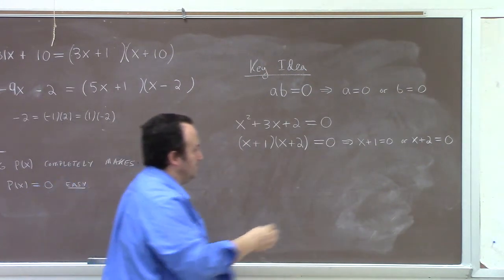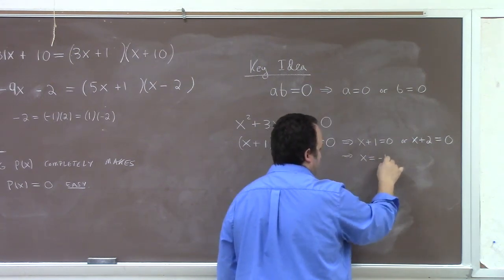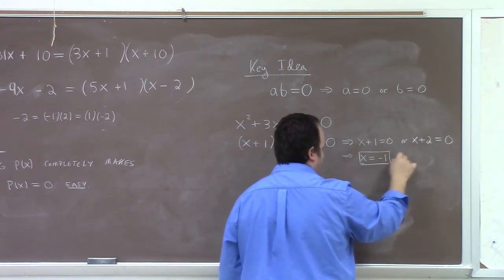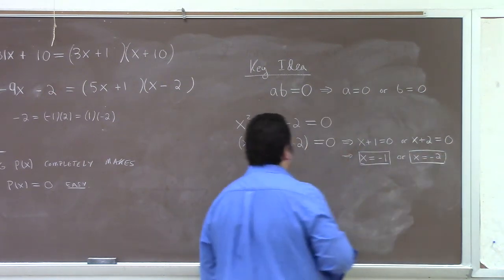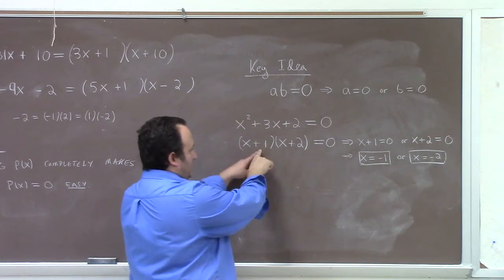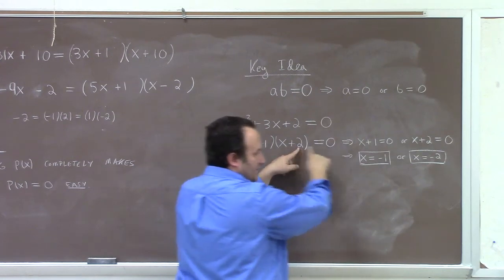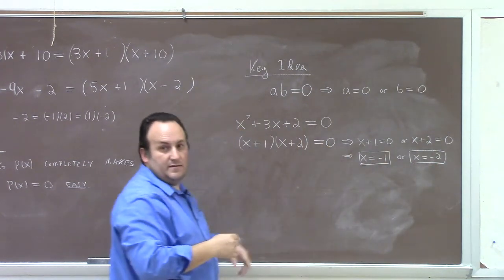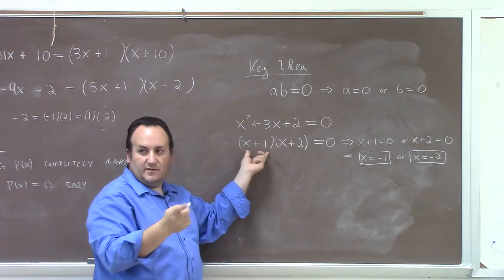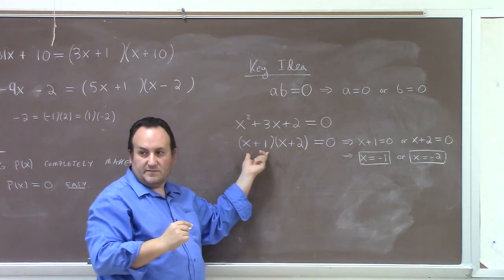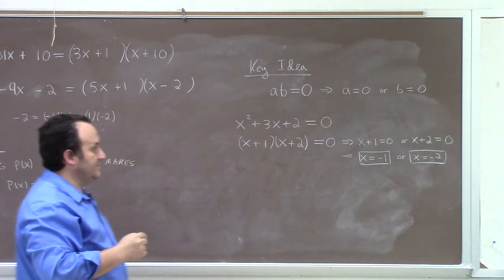Which means what? x equals minus 1 or x equals minus 2. Notice that there's a plus 1 here, there's a minus 1 there. There's a plus 2 here, there's a minus 2 there. So the numbers which appear in the factors are minus what you see in the solutions because of this algebra. There's always this trade-off.